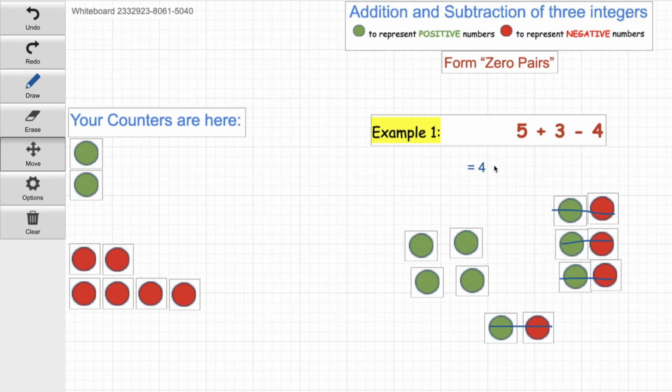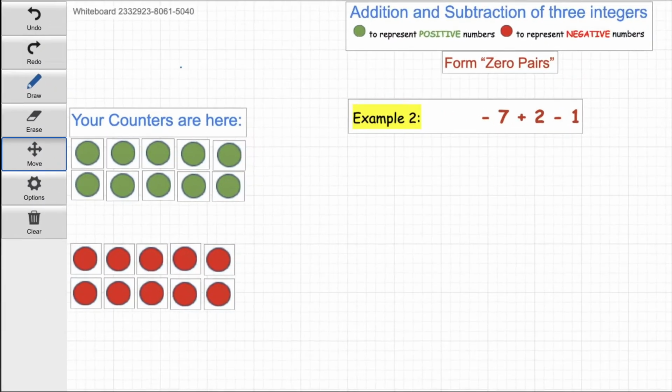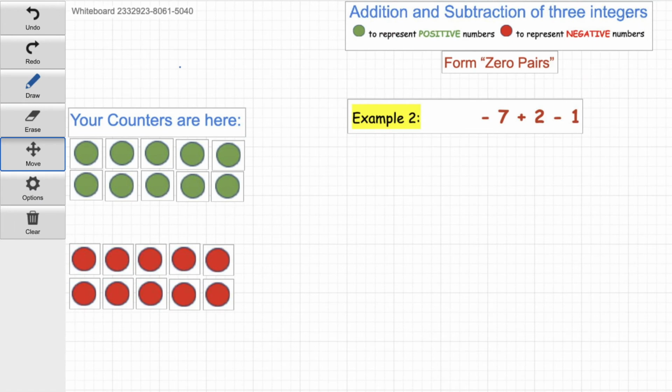Now, this is just one example. We'll be going through 2 more examples. Now, let's zoom in on example 2, where we have negative 7 plus 2 minus 1. So we're going to utilize the same concept to solve this problem. We're going to use our counters to represent each number according to its sign.